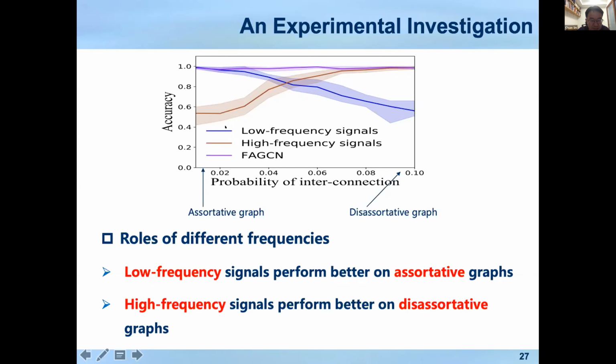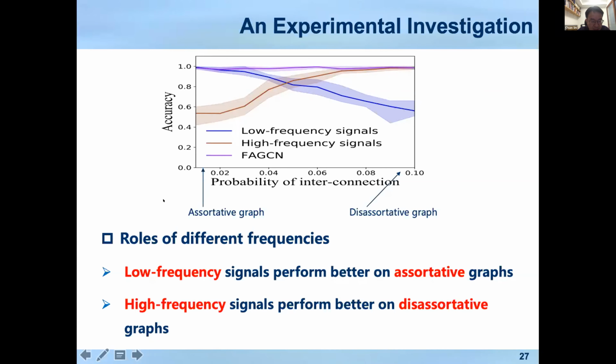From this graph, we can see that with the increase of the disassortativity of the graph, the performance of low frequency signal degrades, while the performance of high frequency signal rises.